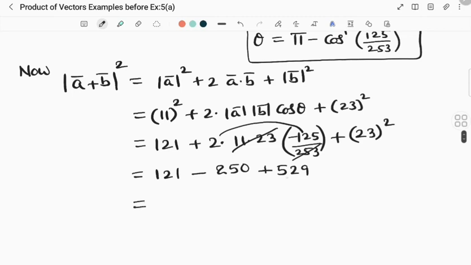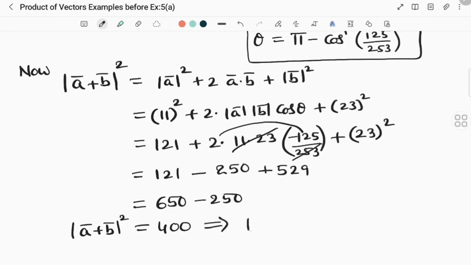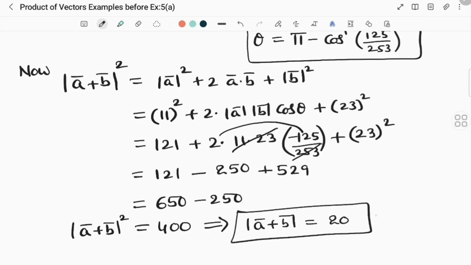So 650 minus 250 is equal to 400. So mod a bar plus b bar whole square is equal to 400. That implies mod a bar plus b bar equals root 400, which is 20. Therefore the value of mod a bar plus b bar is 20.